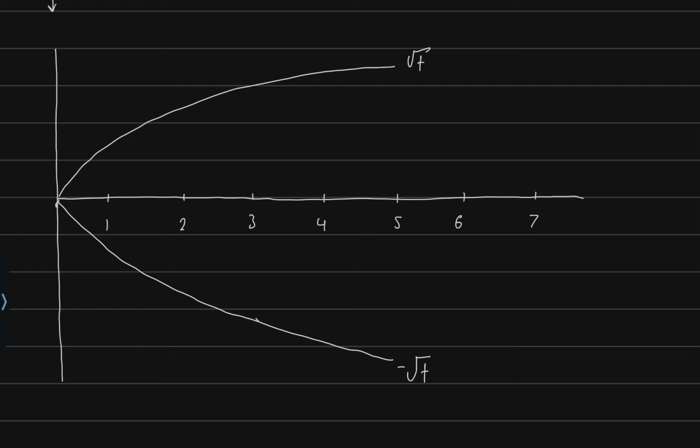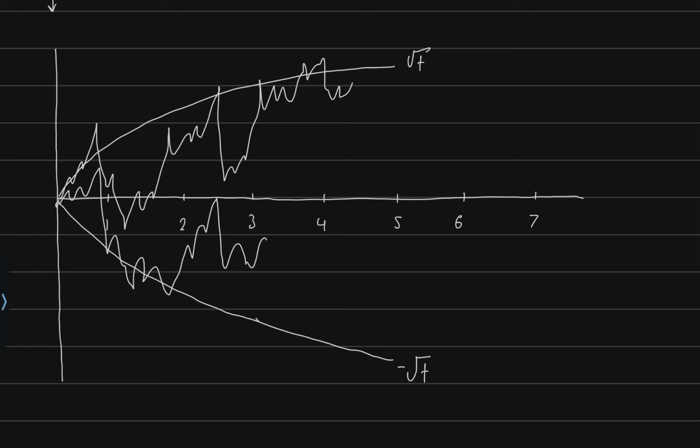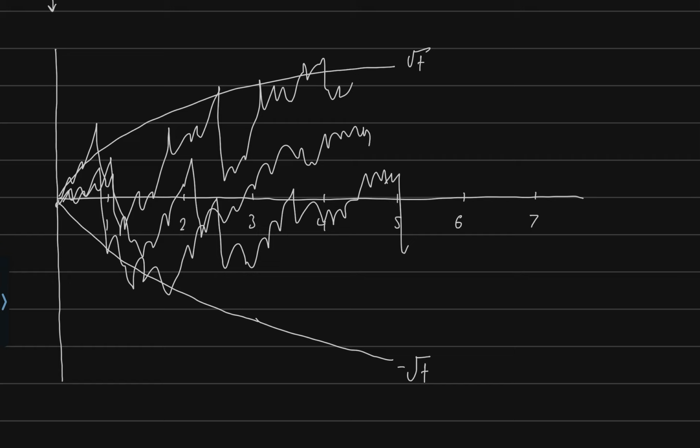So if I were to have random paths using my Brownian motion, at time equals 5, I would have essentially a 64% probability of my Brownian motion finishing in this region right here.